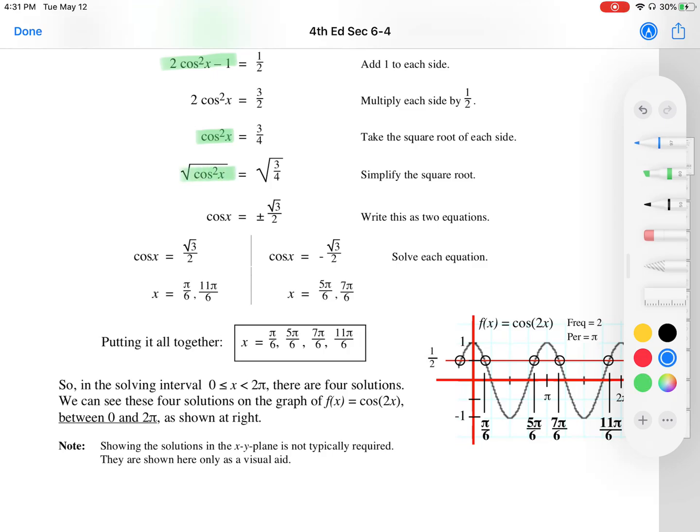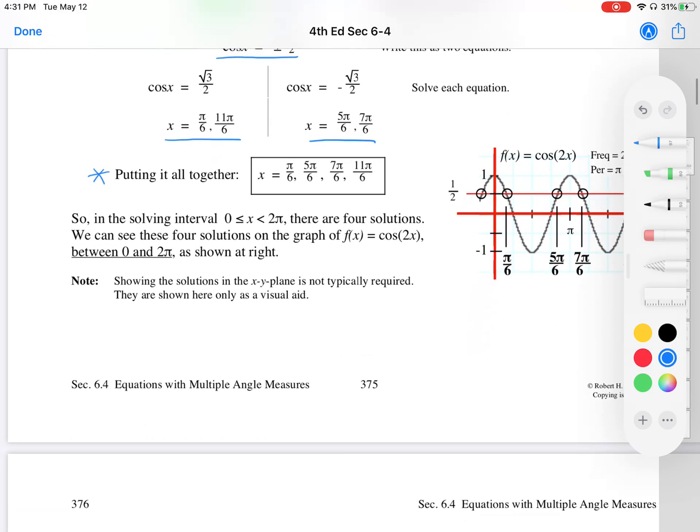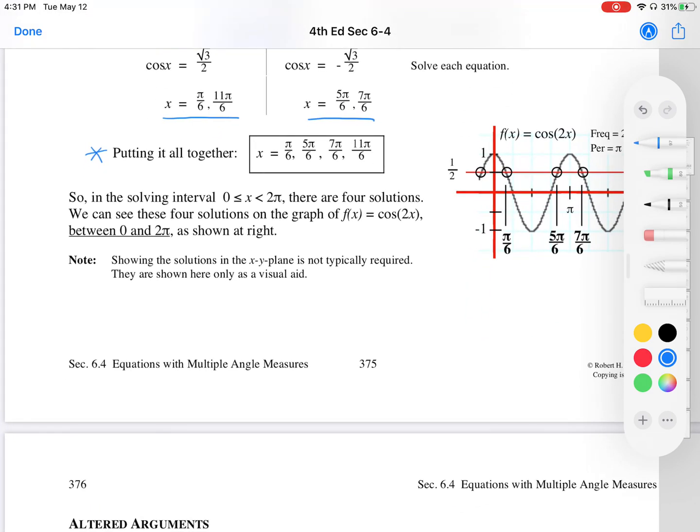Do not forget to do plus or minus, so we need cosine of x equal to a negative square root of 3 over 2 and a positive square root of 3 over 2. And our answers are listed there and there. So altogether, our answers would be pi over 6, 5 pi over 6, 7 pi over 6, and 11 pi over 6.